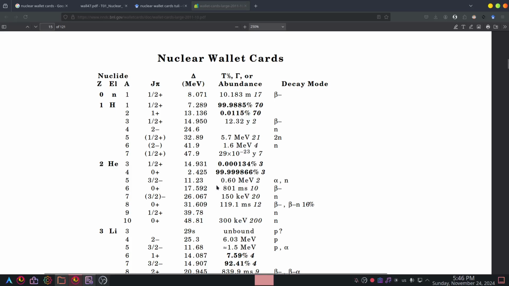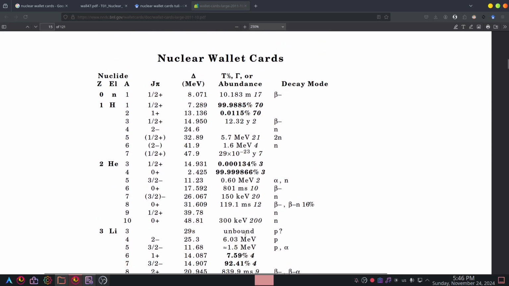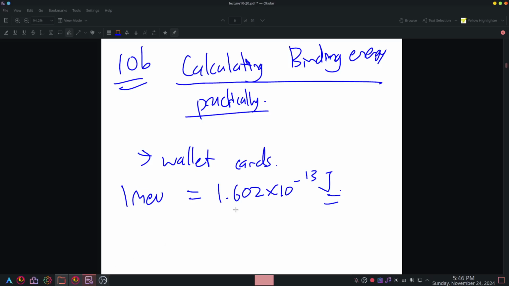All right, so let's once again, for a simple example, use lithium 7. Okay, lithium 7 here. You see the mass excess here is 14.907 MeV. So let's just write that down.